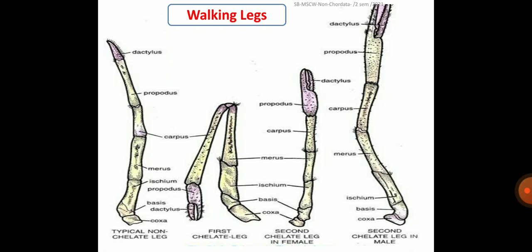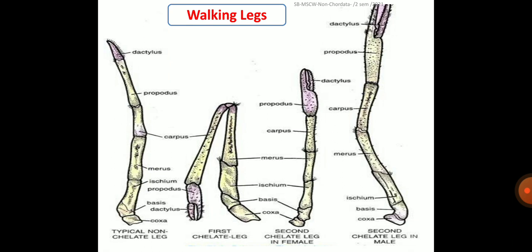So again, there are 5 pairs of walking legs called pereiopods, and these differ from the maxillipedes in their greater size and absence of epipodites. I told you that near the coxa, lobe-like structures called epipodites are found in maxillipedes, which are absent here in walking legs. Even exopodites are absent.